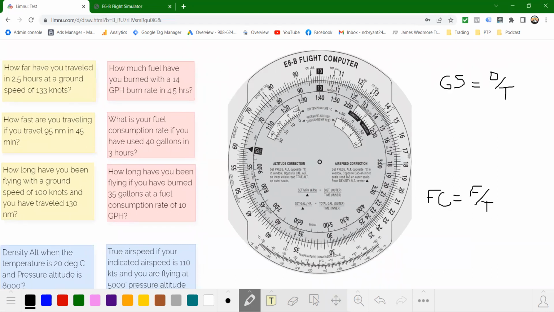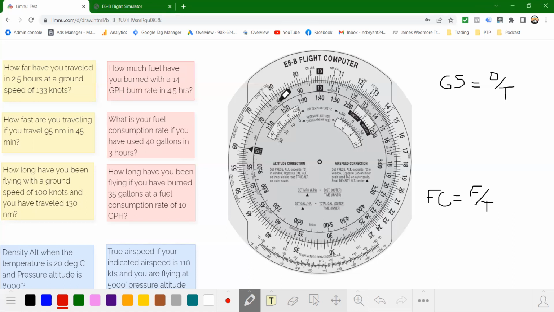I'm just going to talk about what these things are, the general features of this. The E6B is great because you can take it on your FAA written exam. Hold on, I just want to make sure I'm recording. Okay, yes, I'm recording. All right.